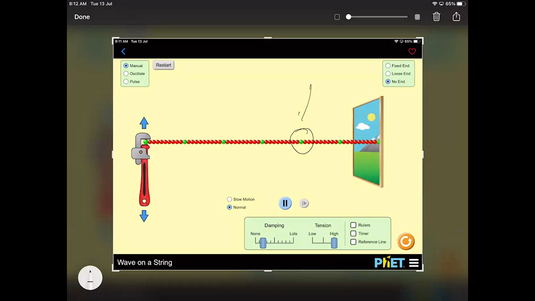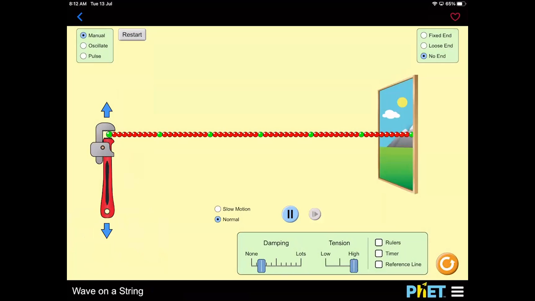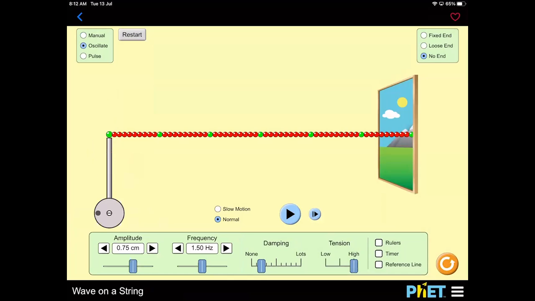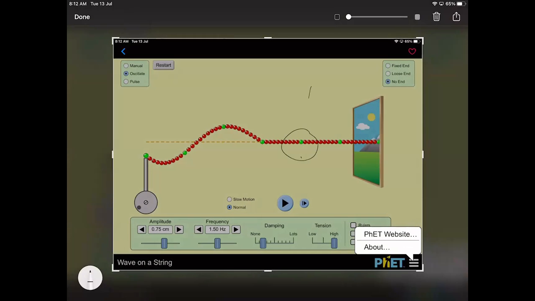Just focus on him or her, that one over there. And what we're going to do is oscillate this thing over here, but oscillate it slowly. You'll see that as I start oscillating the wave, that green guy over there hasn't actually started moving yet. So if you just keep focusing on that guy, that particle hasn't actually experienced the wave motion yet.